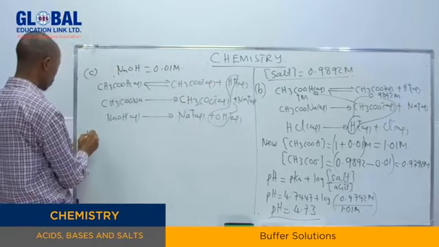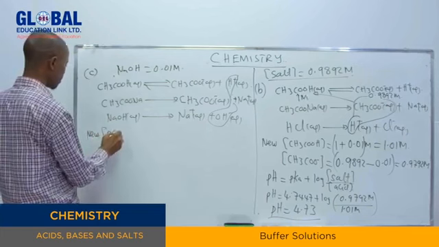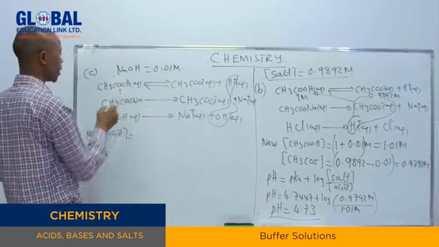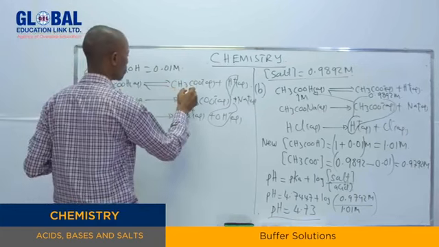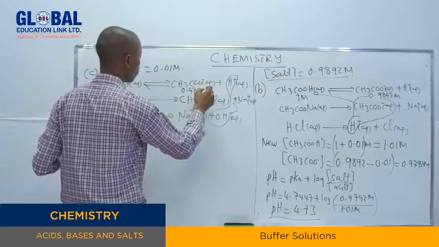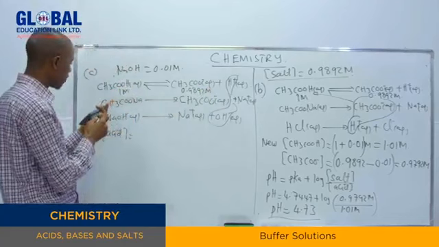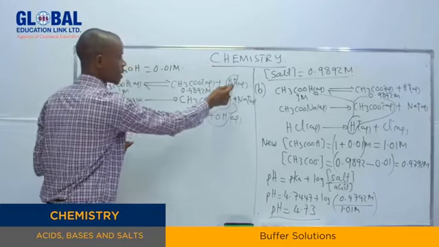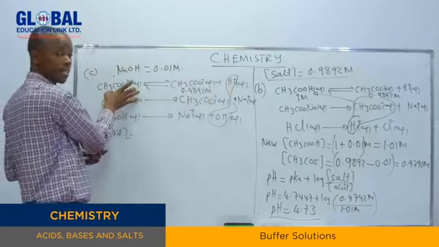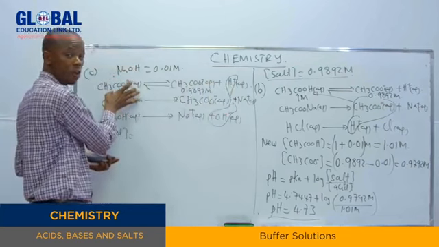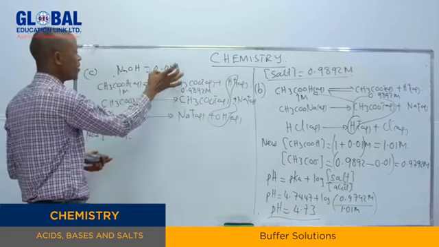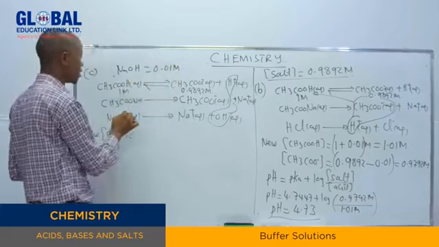Now what will happen? New concentration of the acid. Originally we had 1. For the salt, 0.9892 molar originally. Now because the acetic acid will dissociate to compensate for these hydrogen ions, that means this will decrease. Will decrease by what factor? By the factor of the base which is added.